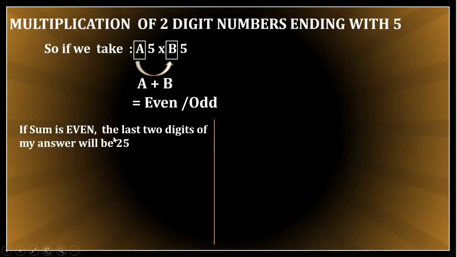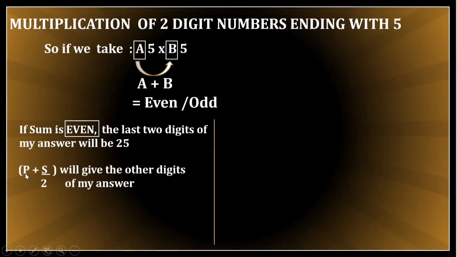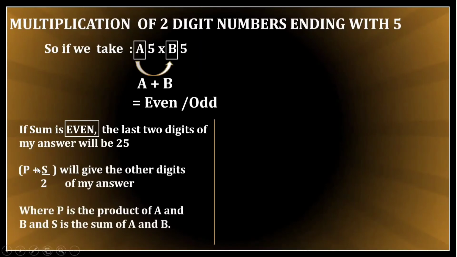If the sum is even, the last two digits of my answer will be 25. So remember, even means 25. Next, P plus S by 2 will give me the other digits of my answer. P is the product of A and B, and S is the sum of A and B. So I get my answer as P plus S by 2 followed by 25. That will be my answer if the sum of A plus B is even.